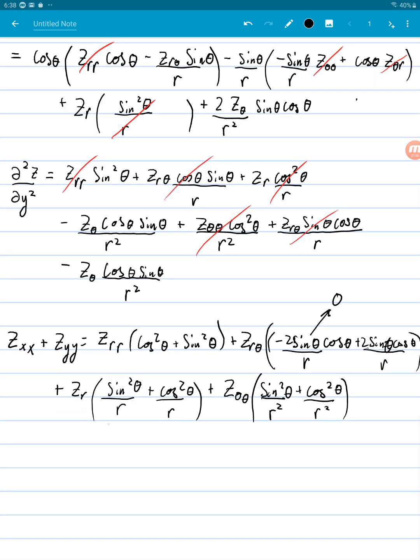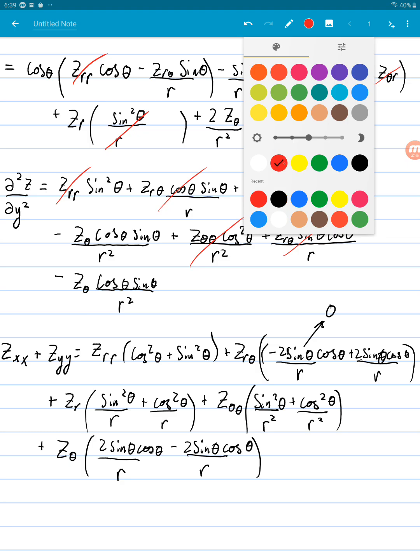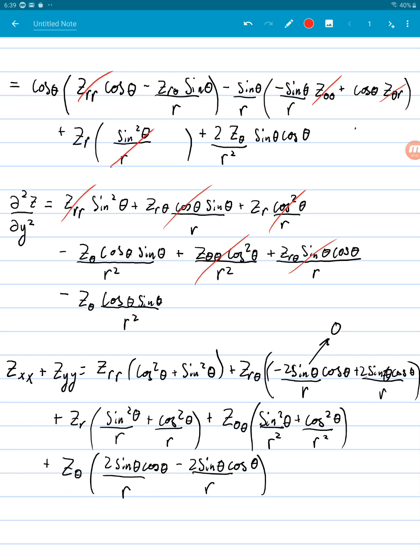Then the last term that we need to look at is our z theta. That's going to be 2 sine theta cos theta over r squared minus 2 sine theta cos theta over r squared, my mistake, that should be r squared on both.